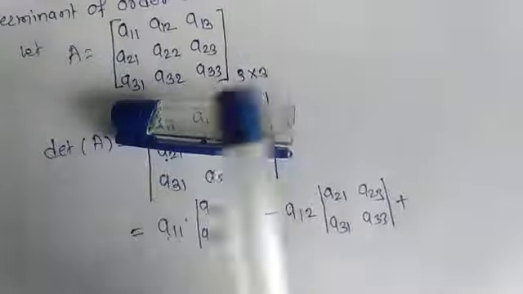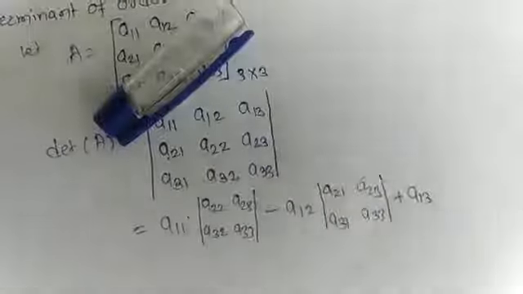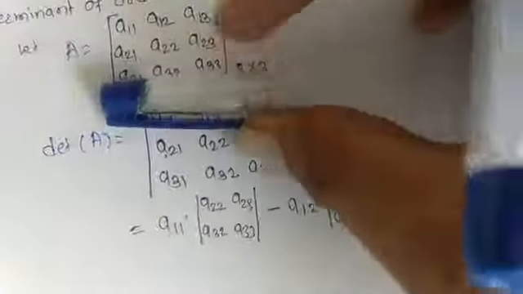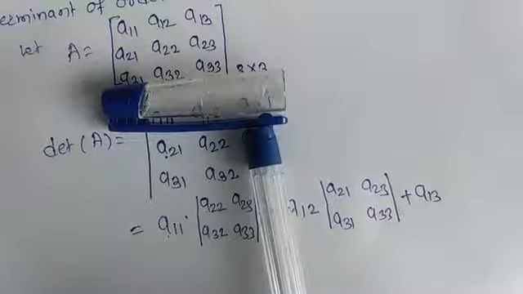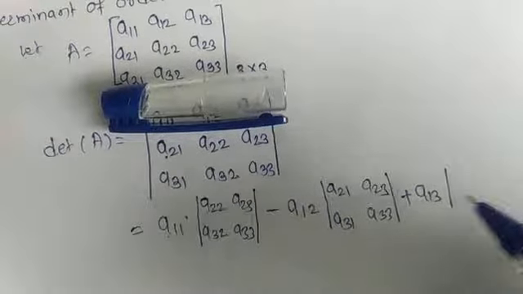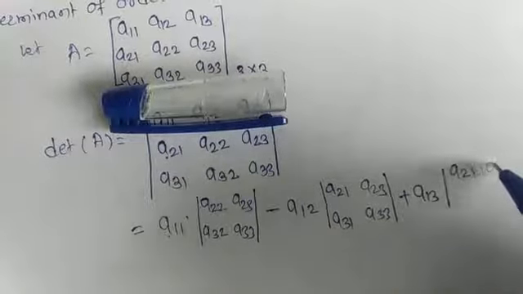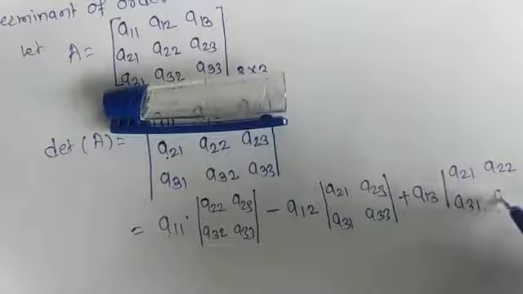The last term will be plus A13, and we delete the last column, so the remaining element is the determinant of A21, A22, A31, A32.